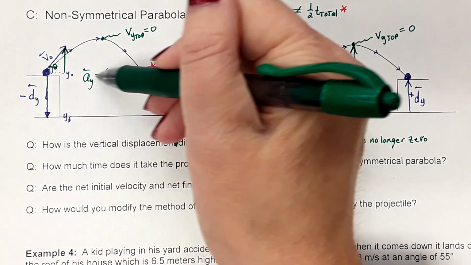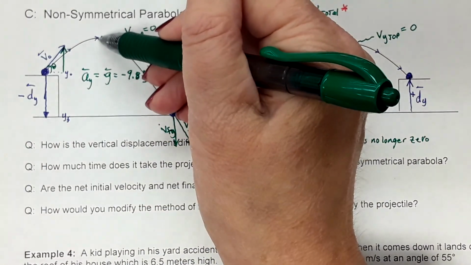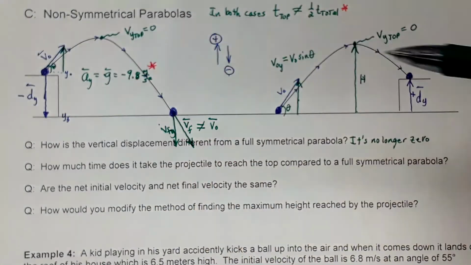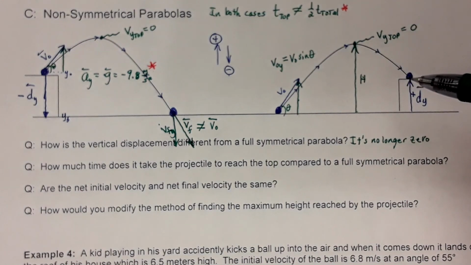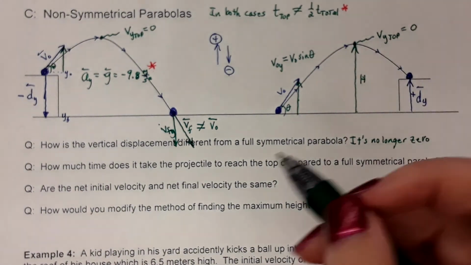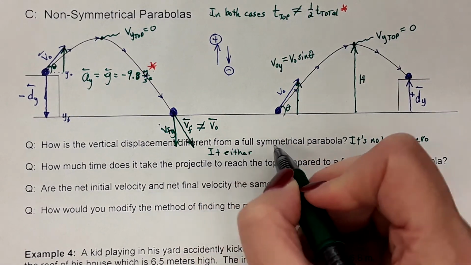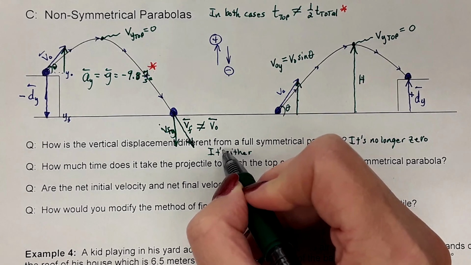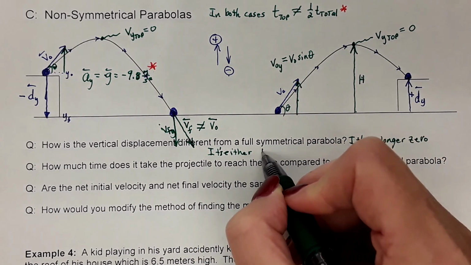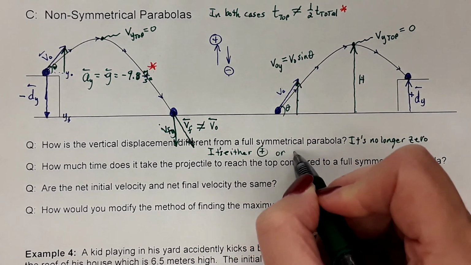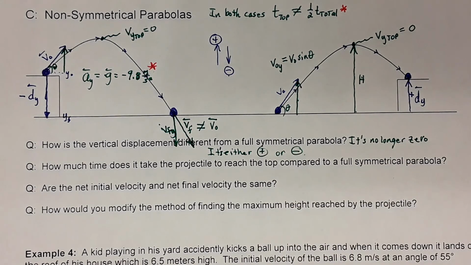Over here, we start at the height of the surface and go up, and we come all the way back down to the ground. So those two do not cancel out like they did in the full symmetrical parabolas. So it's either a positive displacement or a negative displacement.